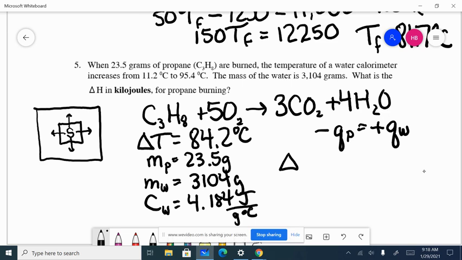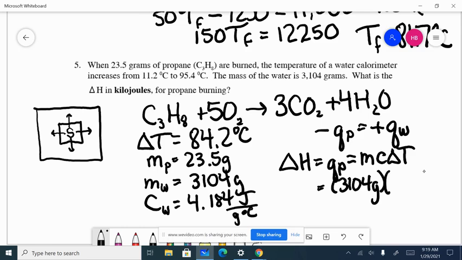So we're going to do delta H, which is equal to the heat, which is going to be MCAT. No matter whether we use the water or the propane, we would get the same answer, but we don't know the specific heat capacity of propane, so we're going to use water at 3104 grams, 4.184 joules per gram degree Celsius, times the change in temperature, which is 84.2 degrees Celsius.